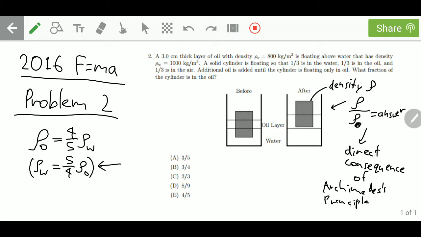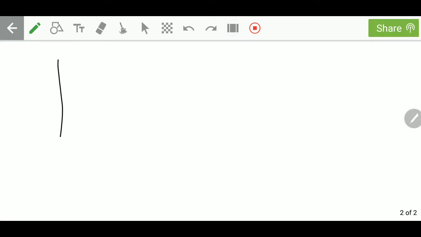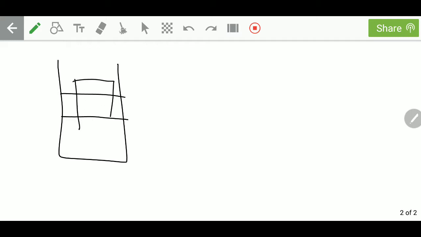So to handle our first situation and to calculate rho in terms of rho oil, we have something like this. We need to calculate the total buoyant force on the object. Here I'm going to say V is the total volume of the cylinder.